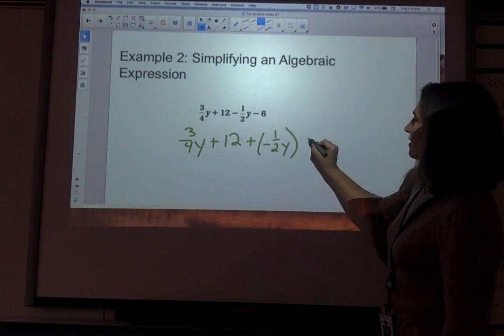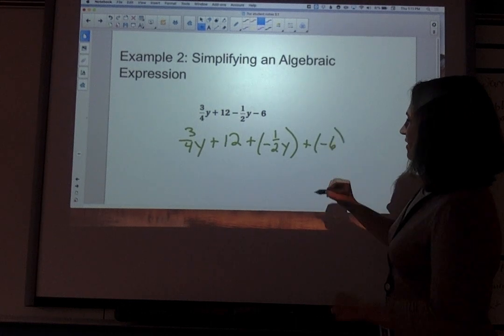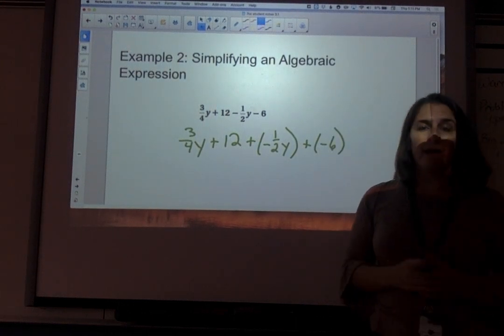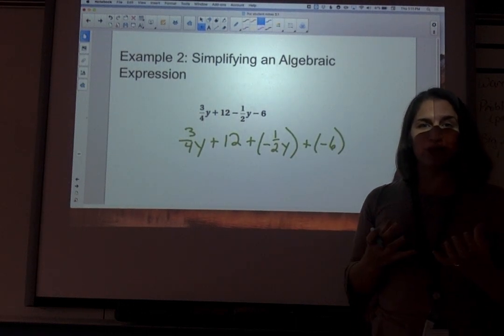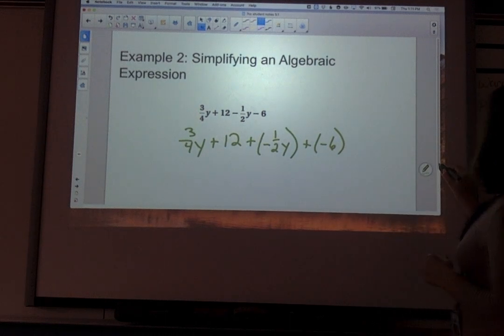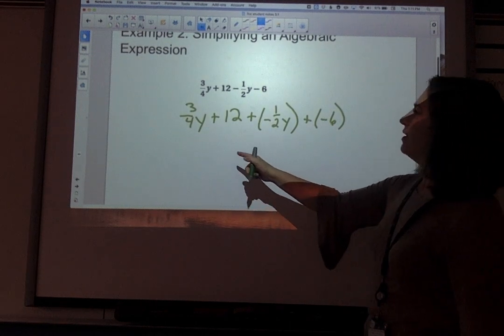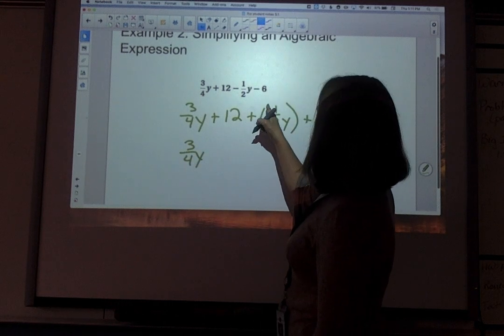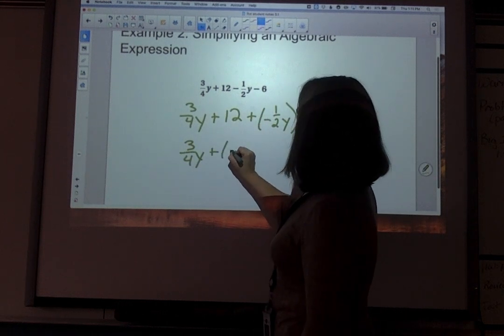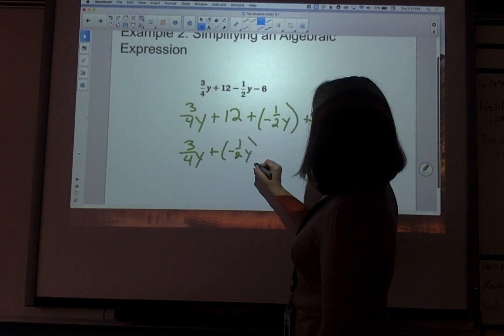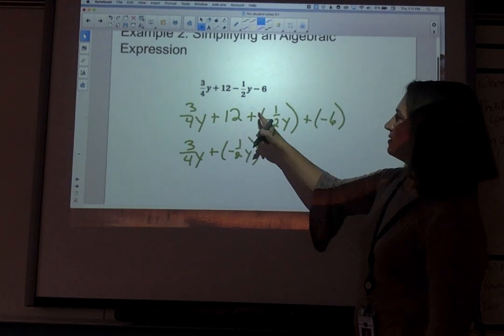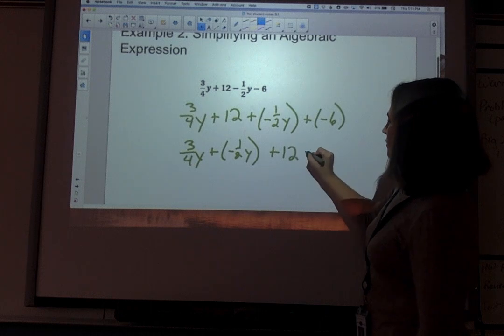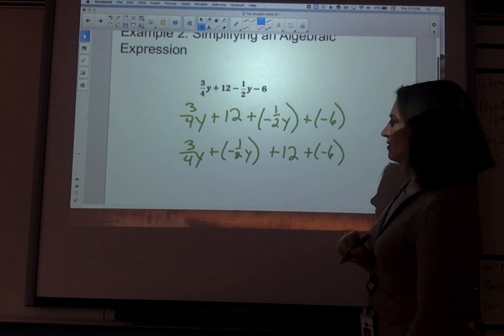And instead of minus 6, plus negative 6. All right, now I'm going to group this so that I have my like terms together so I can easily see what needs to be added together. So I'm going to rewrite this as 3/4 y, and then here's a like term, plus negative 1/2 y, plus, I'll put my two constants together, 12 plus negative 6.